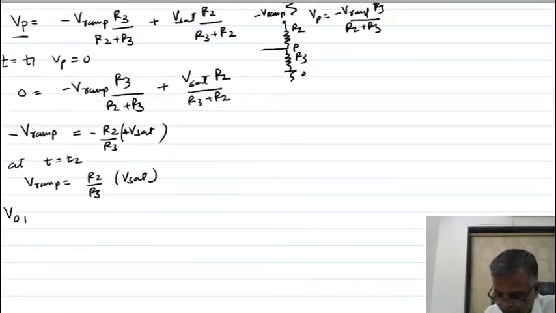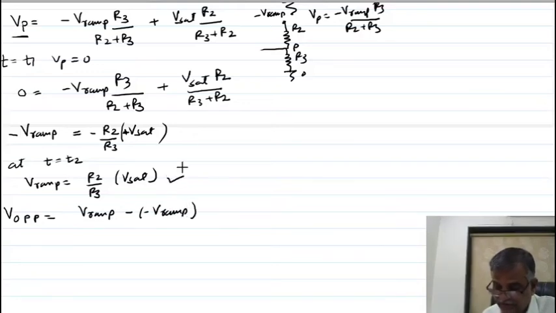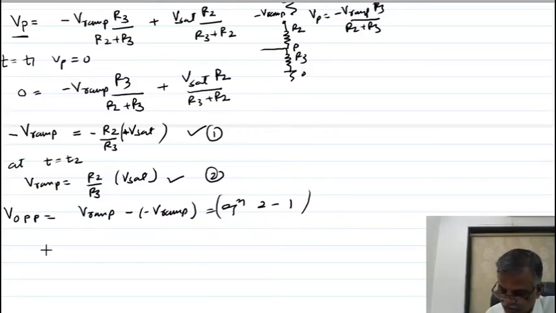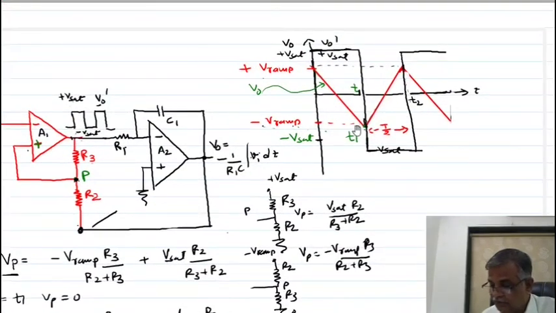The output peak to peak voltage is nothing but this V ramp minus this V ramp. This is equation 2 minus equation 1. So I will get 2R2 by R3 V set.